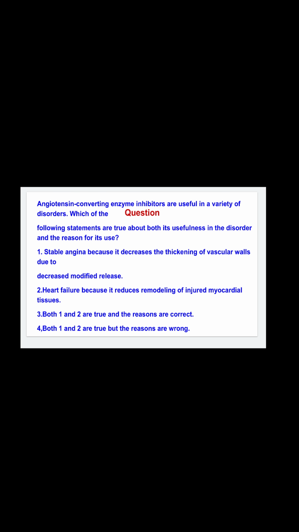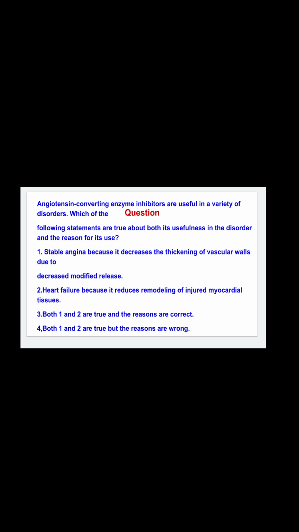Next question: angiotensin converting enzyme inhibitors are useful in a variety of disorders. Which of the following statements are true about the usefulness in the disorder and the reason for it? The answer is both number 1 and number 2. Number 1 is stable angina, because it decreases the thickening of the vascular walls.